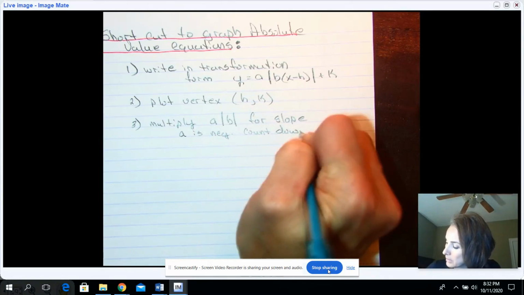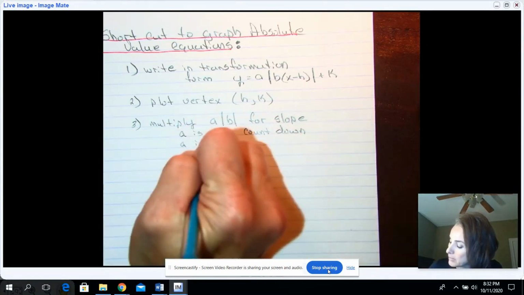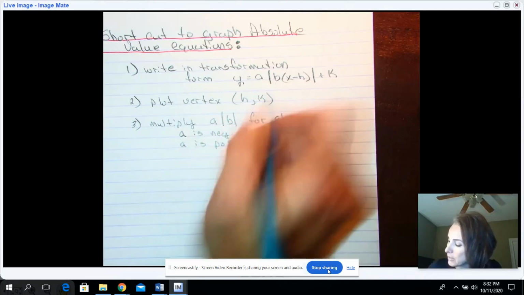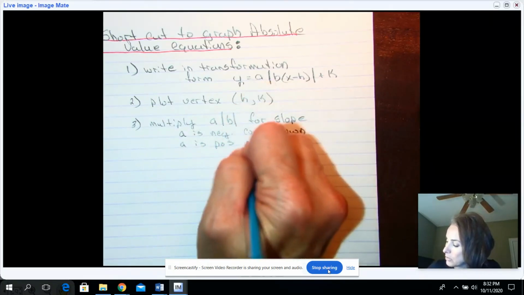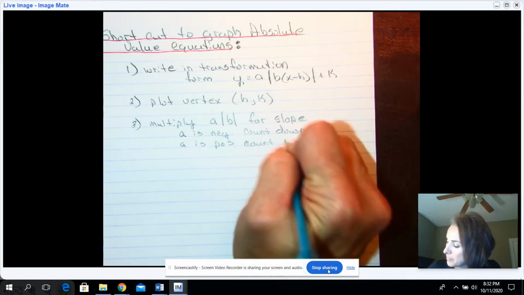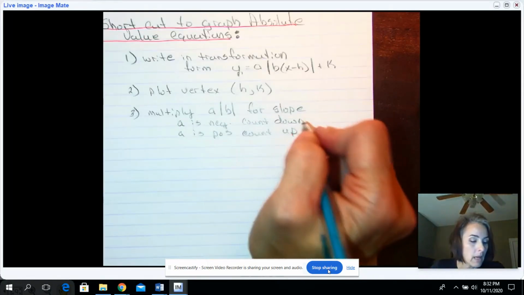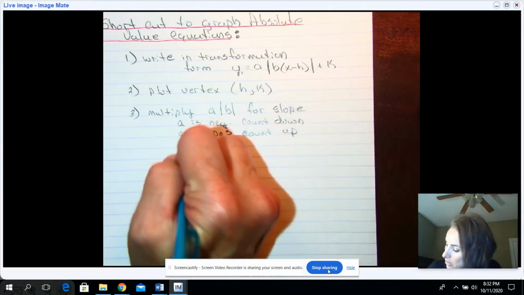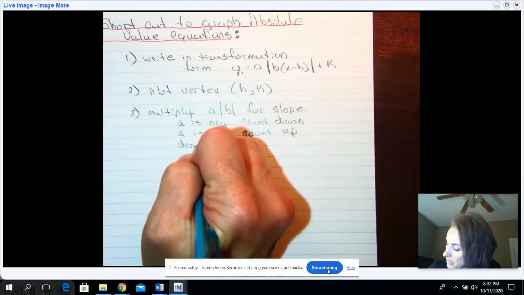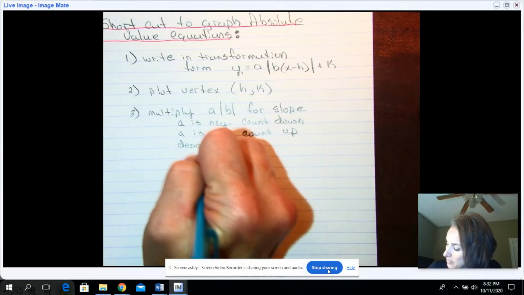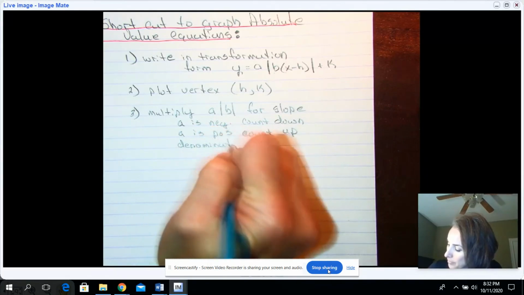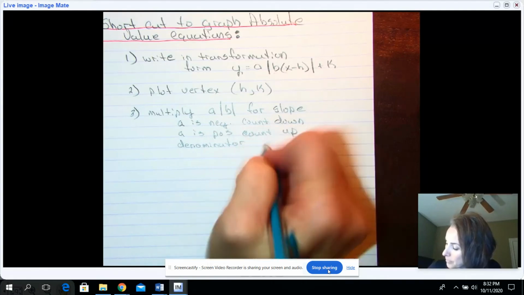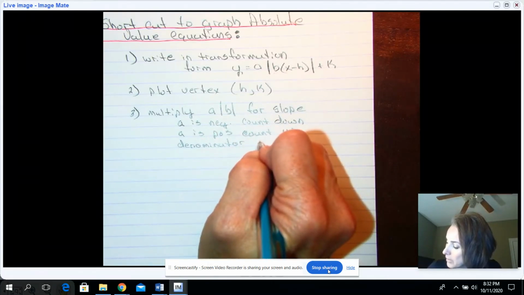And I'll show you what that means in a second. If a has a positive in front of it, if there's nothing there but it's just a positive, then you're going to count up. And then the denominator will tell you how many to go left or right.